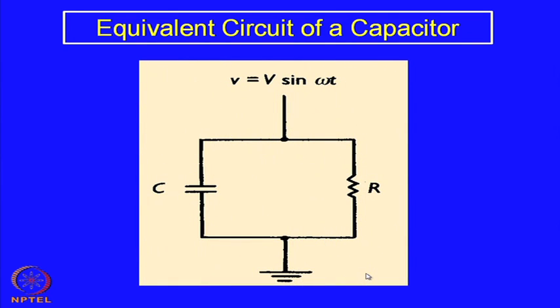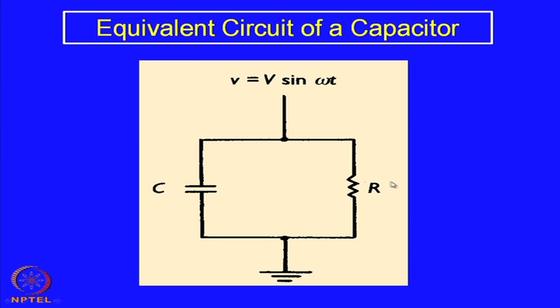Now, any capacitor can have an equivalent circuit. That means a real capacitor is not an ideal capacitor. So, it has a finite resistance or a finite conductance, and therefore, a real capacitor can be represented in this manner in what we call an RC circuit.